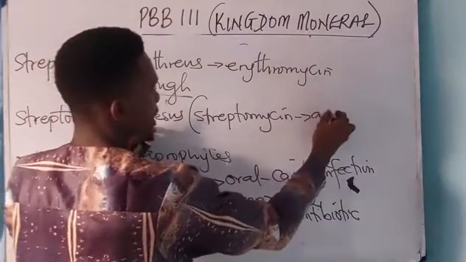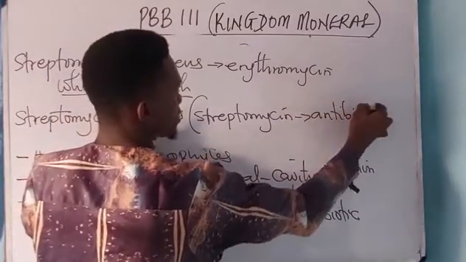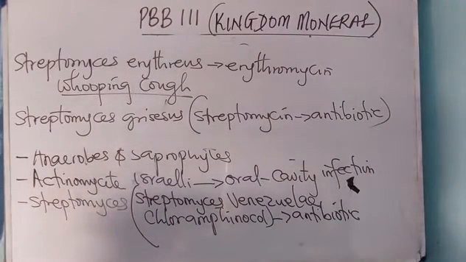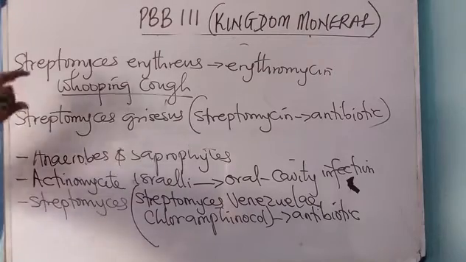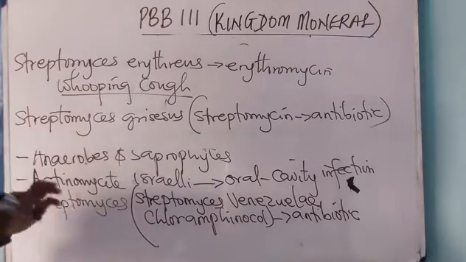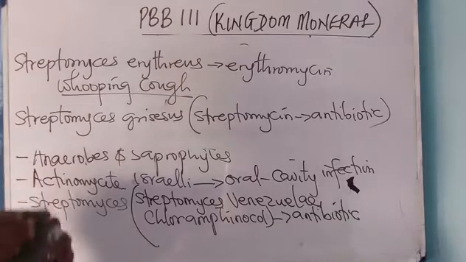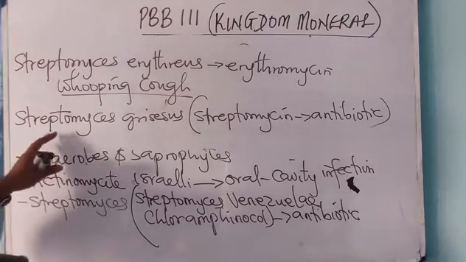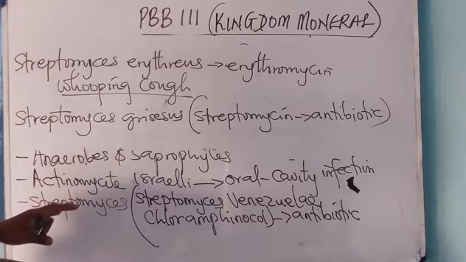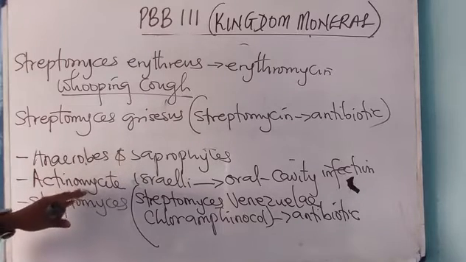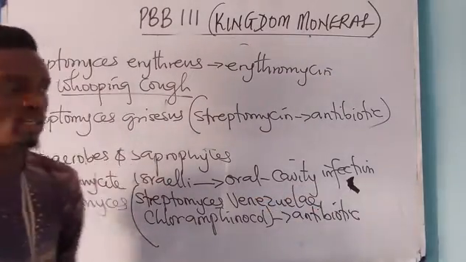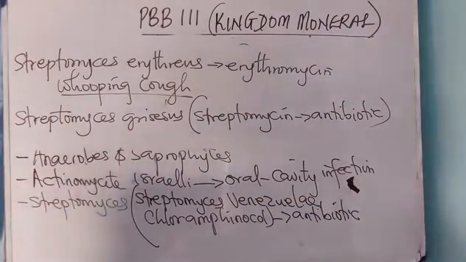An antibiotic. An anti what? Biotic. So please take note of that. Okay, is there another one that I'm yet to give? So please, these are medically important because they produce antibiotics that are very important. And this Actinomyces israelii really causes what? Oral cavity infection. So take note of that.